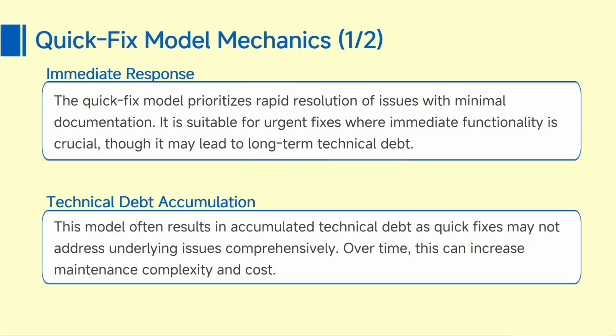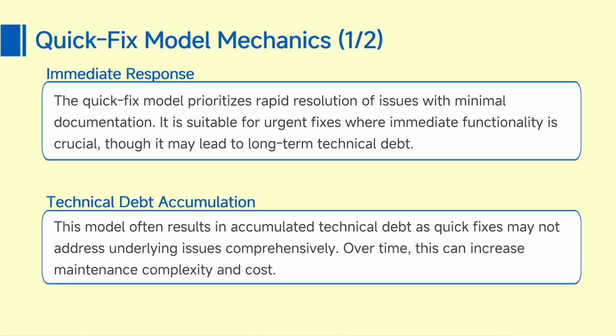The next topic is the types of process models for software maintenance. One is immediate response. Immediate response is the quick fix, which is given in a very short time. Immediately you do some correction and provide that as software.